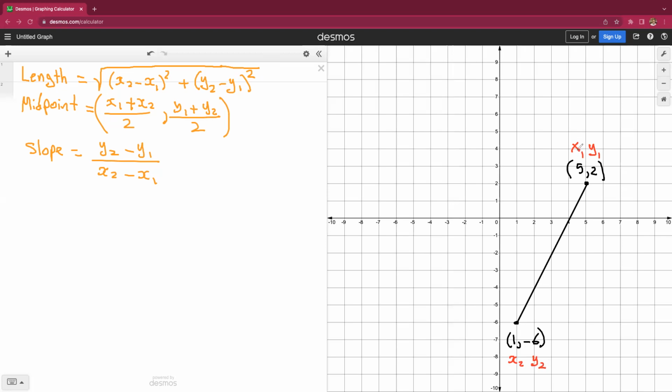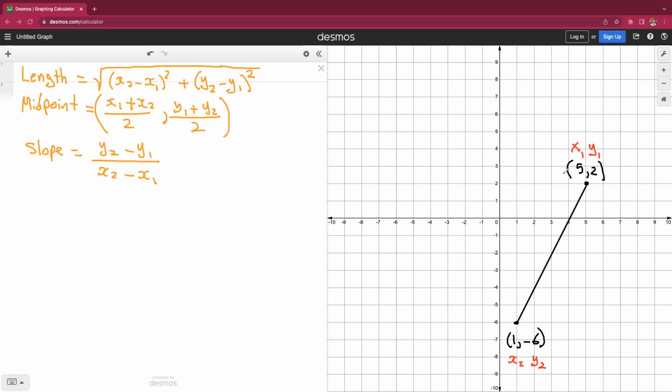One thing you cannot do is call this x1 and then call the y, y2. This is point 1, this is point 2, and you name them x1, y1, x2, y2. Also, you could name this point 1 and this point 2, so you could have x1, y1 here and x2, y2 there. Either way, it would work.